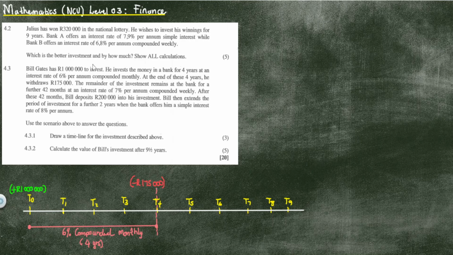3.5 years. Let's go back. Now, 42 months translates to what? 3.5 years. And it's exposed to 7% compounded on a weekly basis. So from the T4, I'm going to count 3.5 years.